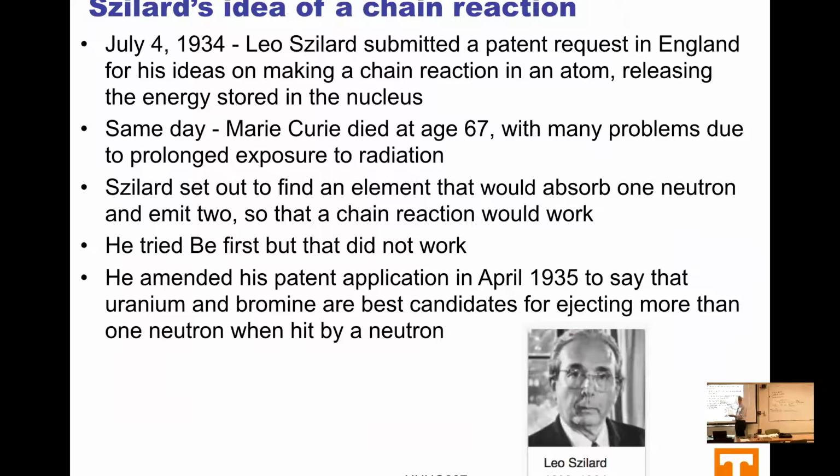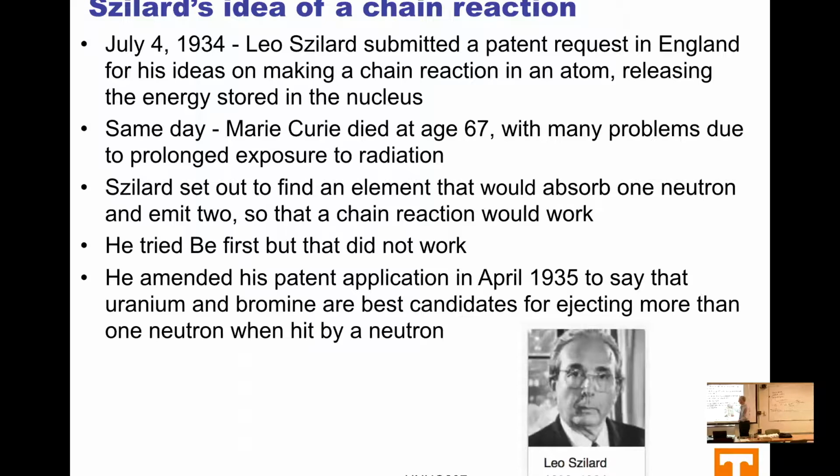He then got some support in England and did some experiments. Thought maybe beryllium. The beryllium was that foil that people use to make neutrons without particles hitting it. He thought maybe beryllium would be that element that would allow multiplication of neutrons. That didn't work.